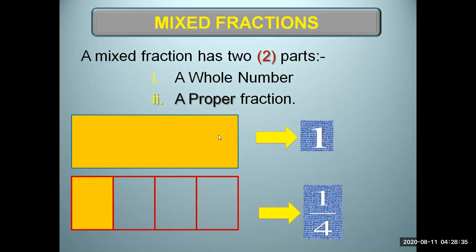If we combine both of them, we get 1 whole 1 upon 4. And if we write a fraction in this format, in the form of a whole number and a proper fraction, we say that this method of writing a fraction is known as mixed fractions.